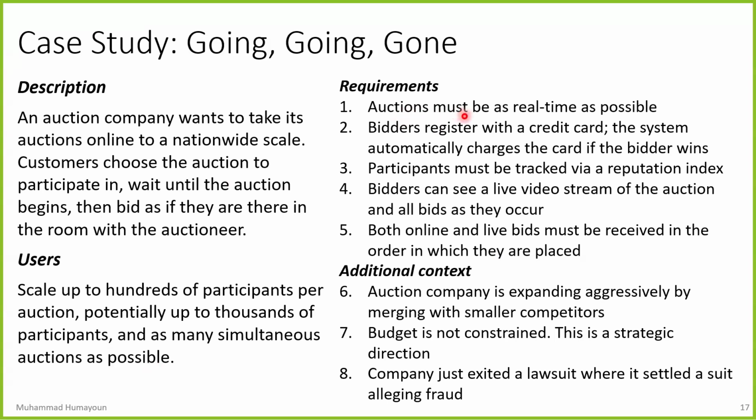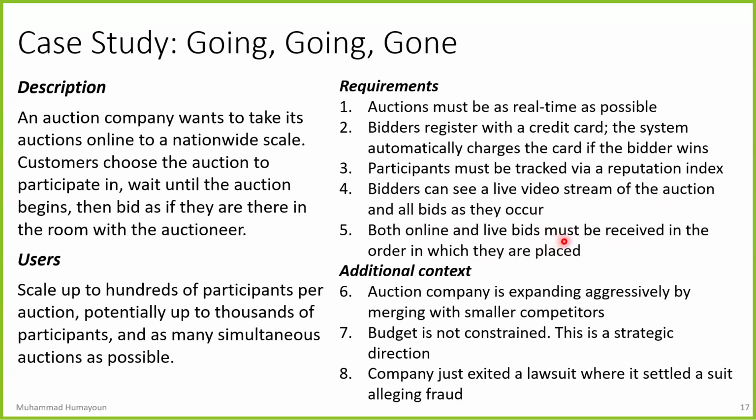Requirements. Auctions must be as real time as possible. Bidders register with a credit card. The system automatically charges the card if the bidder wins. Participants must be tracked via a reputation index. Bidders can see a live video stream of the auctions and all bids as they occur. Both online and live bids must be received in the order in which they are placed.